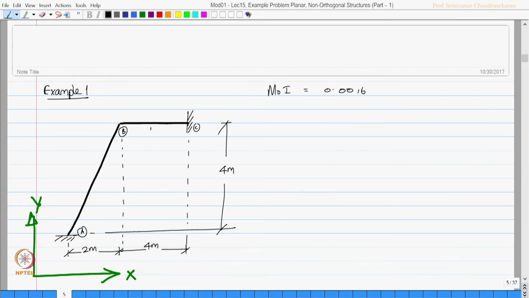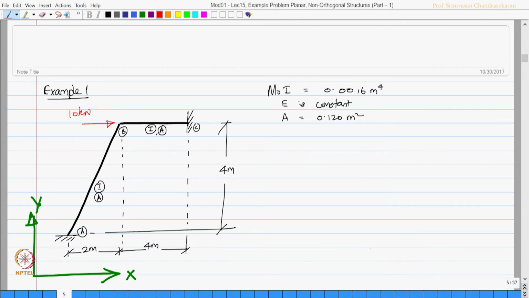This member also has I, this member also has I. E is constant, whatever may be the value, whatever may be the material, it is constant through and through. Area of cross section is 0.120 meter square, which is also constant. So, A and A. Once we have this, let us say the system has a joint load which is 10 kilonewton applied on the structure.